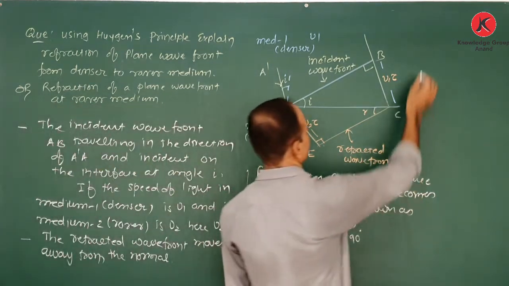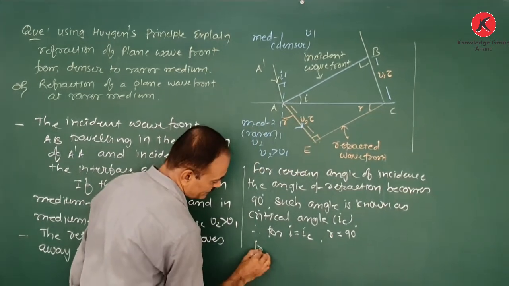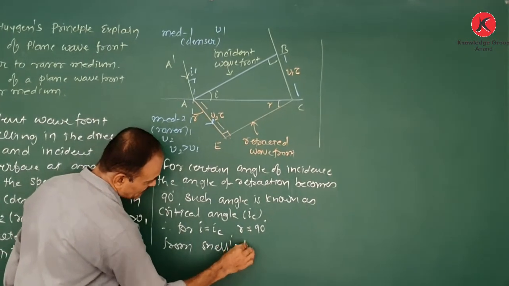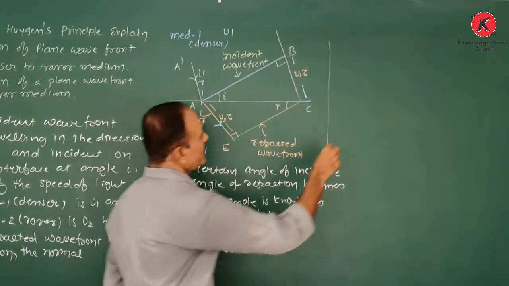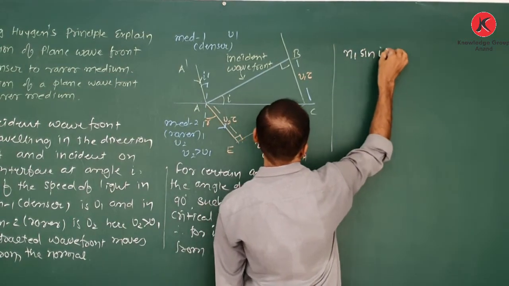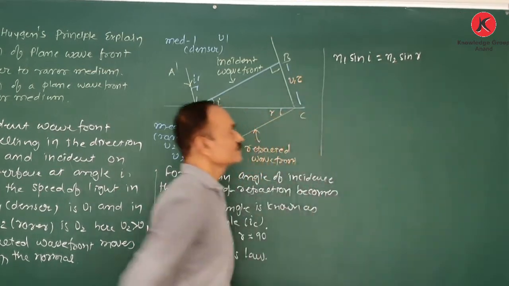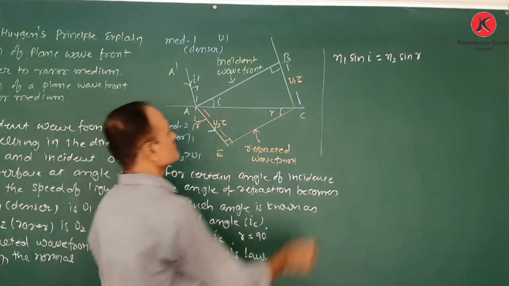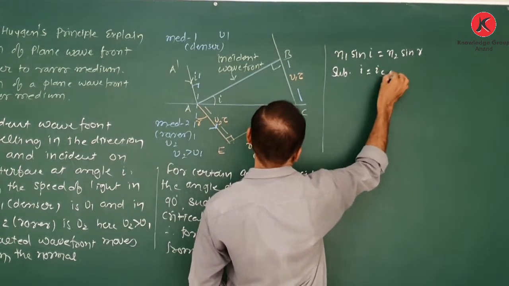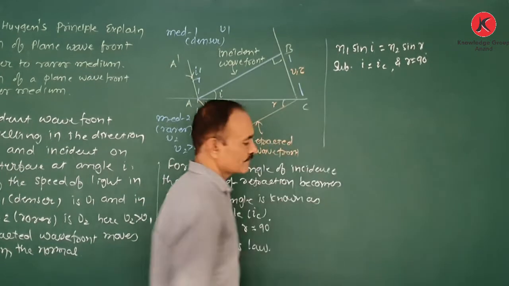Now, from Snell's law, N1 sin I is equal to N2 sin R. Substitute I is equal to IC and R is equal to 90.